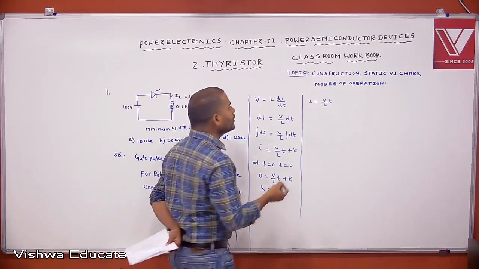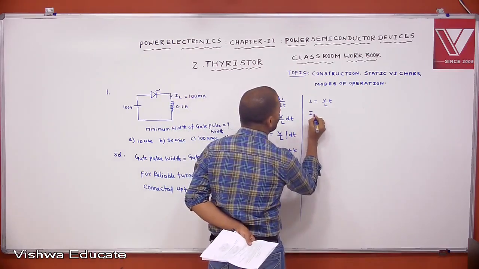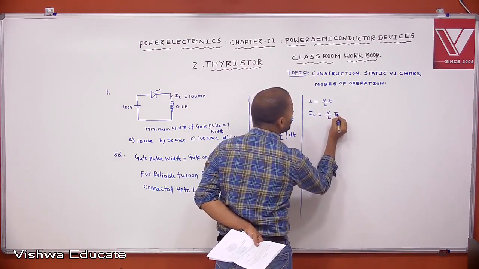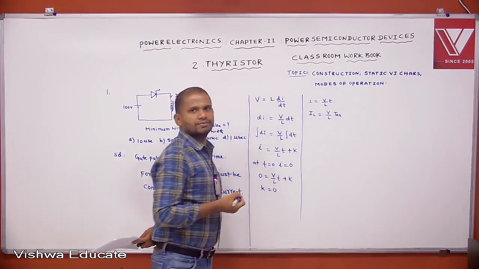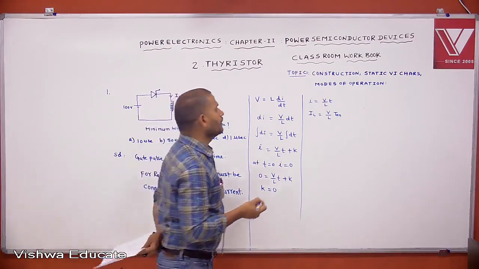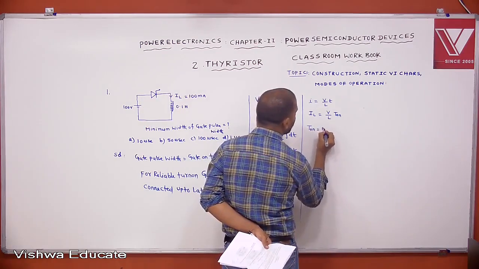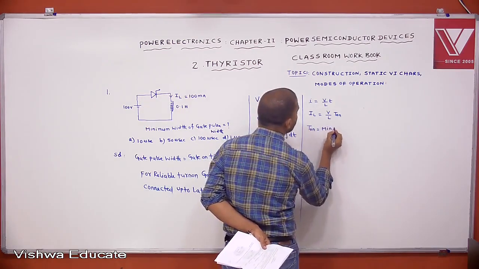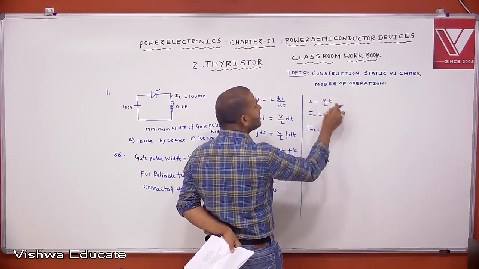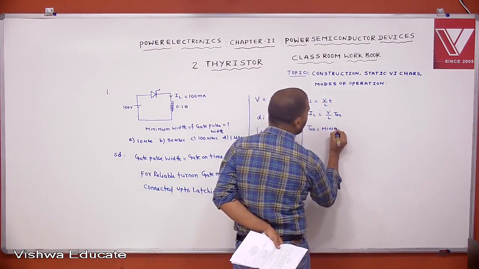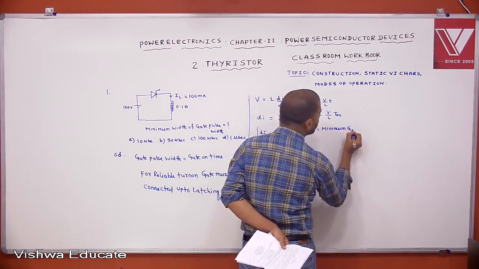Then corresponding to latching current, if i equal to IL, this time is the minimum gate pulse width. If we substitute i equal to IL, then the time taken is the minimum gate pulse width.